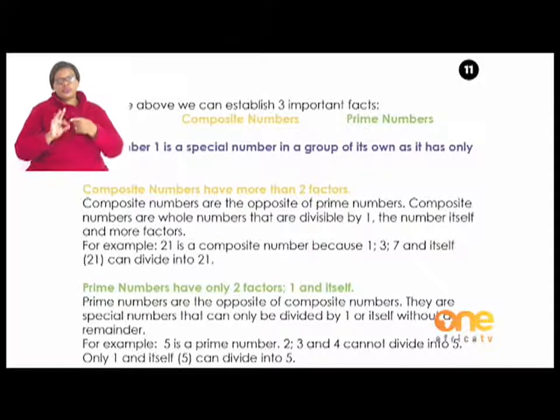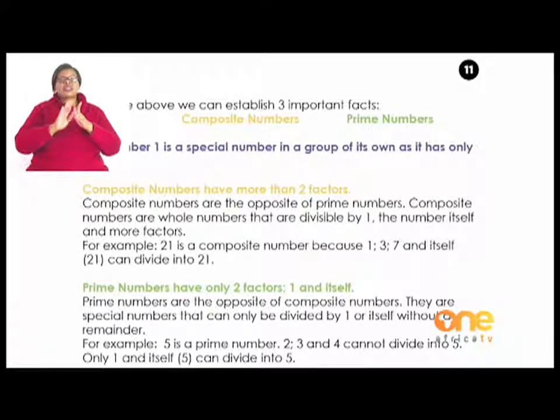It says there that the number 1 is a special number in a group of its own, and it has only one factor. This number 1 has created a lot of controversy because a lot of learners say it's a prime number. Some say, no, it's not a prime number. We will look into that.